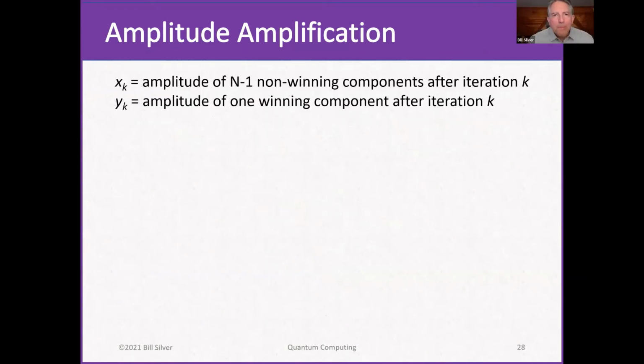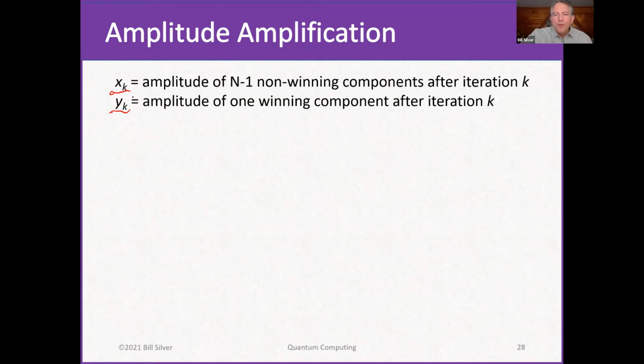So let's look a little bit more at amplitude amplification. Imagine that I define x sub k to be the amplitude of the n-1 non-winning components after k iterations of Grover's algorithm, and y sub k to be the amplitude of the one winning component after k iterations.